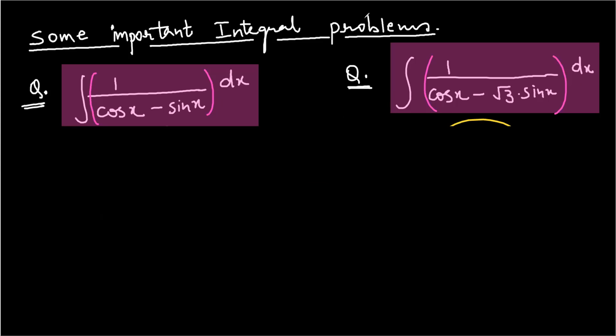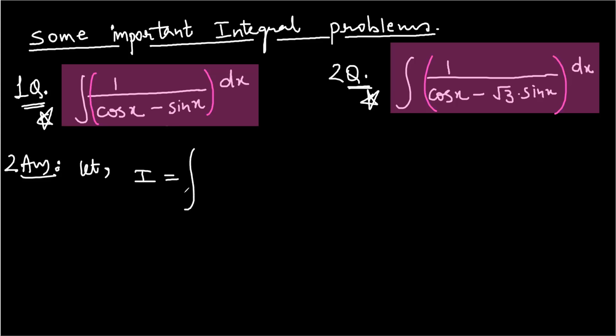Okay, let's begin. So I will solve this one, and the other can be given to you as practice. I write the solution of the second. As usual, I will write let I equal 1 upon cos x minus root 3 sin x dx.